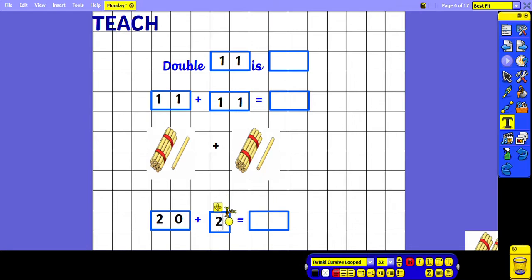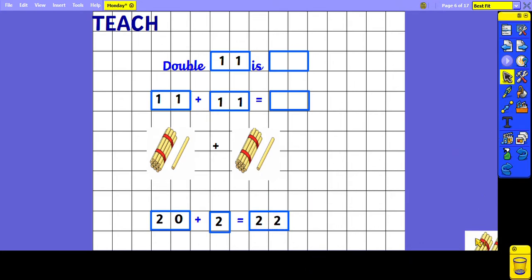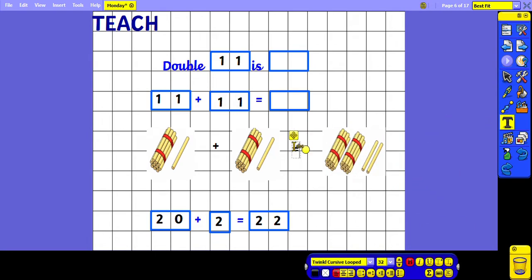So in our heads, we can now work out 20 add 2, which we know is 22. So double 11 is 22. And for our number sentence, we can now complete that with the same number.